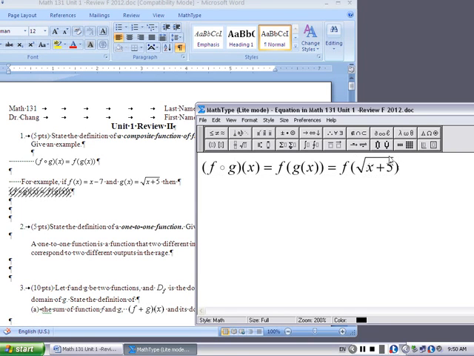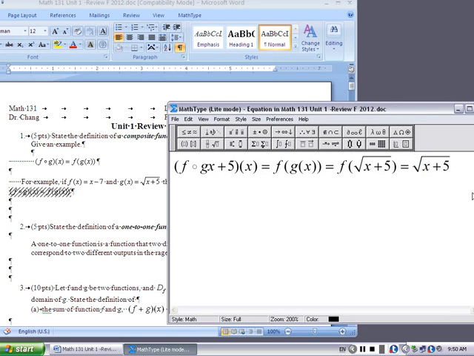So you are going to substitute this into the definition of f. What is f? f is x minus 7. So when you see x, you will substitute it by this. Is that right? So anyone would like to tell me what you would have? You will have square root of x plus 5, and after that, you will have minus 7.